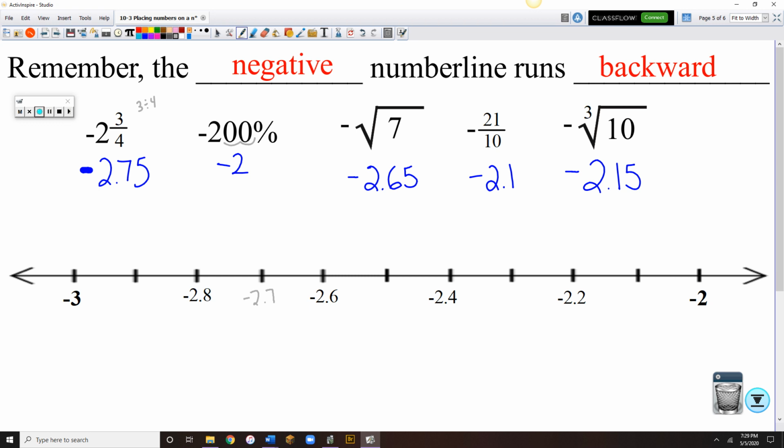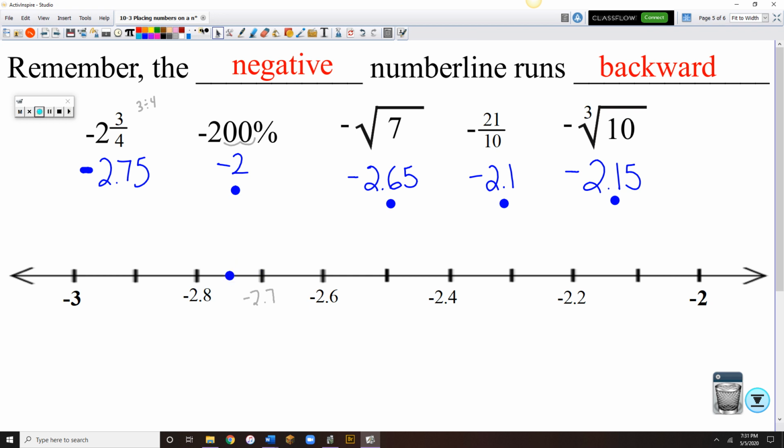Here's negative 2.7. Now it might be tempting to go 5 more in the right hand direction, but remember that would be the positive number line. We're on the negative number line. We want to get closer to the negative 2.8, so it's going to go here.